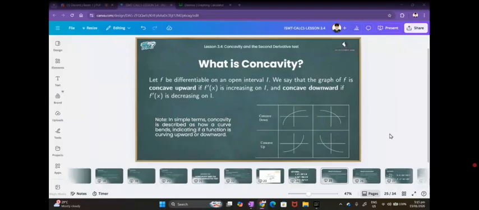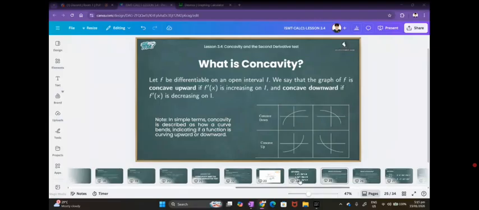Pero ang concavity lang, ibig sabihin, kung paano nag-curve yung function. Kung upward ba siya or downwards. Gets? Ayun lang yung meaning ng concavity.